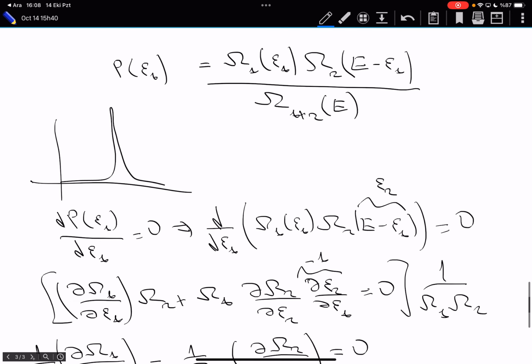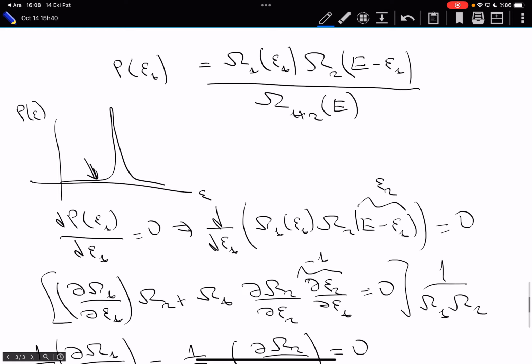If, at the moment at least, you take my word that this will be the probability distribution, it might happen that at the moment you see that your system is over here. Or let's say you just brought them in contact at some given time and you measure the energy. Well, there hasn't been enough energy exchange yet, so you measure an energy somewhere over here.